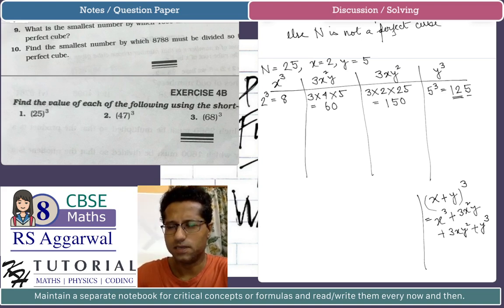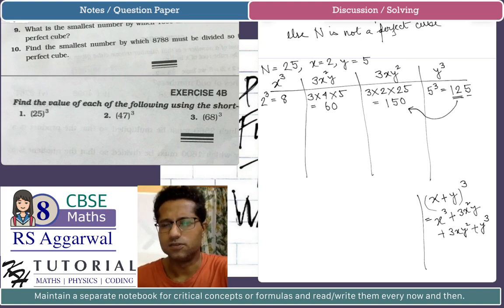This 12 has to be added with the column to the left hand side, that is 3xy square. So I will add 12 with 150, and the result is 261.